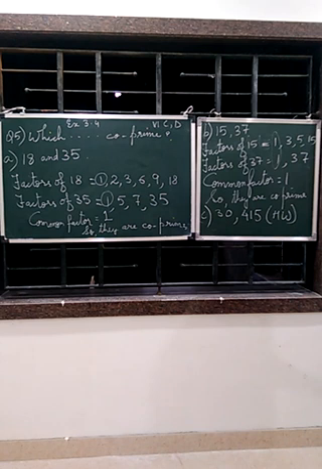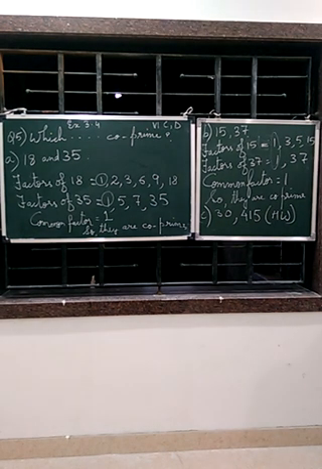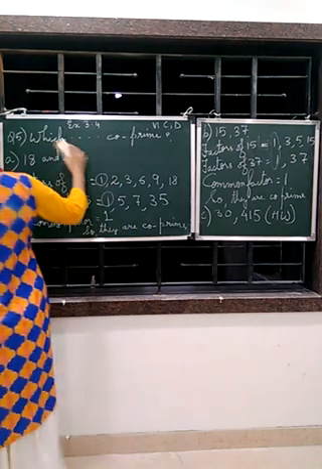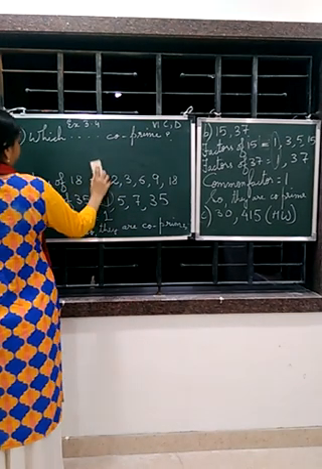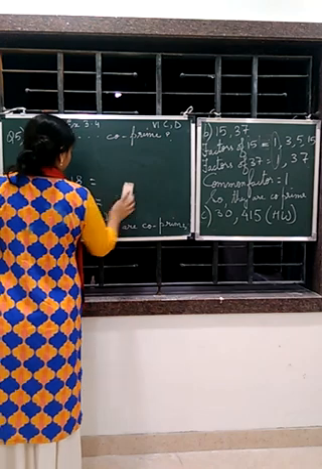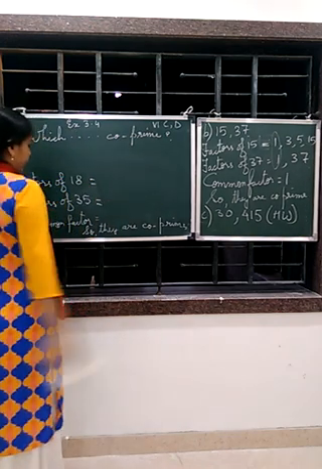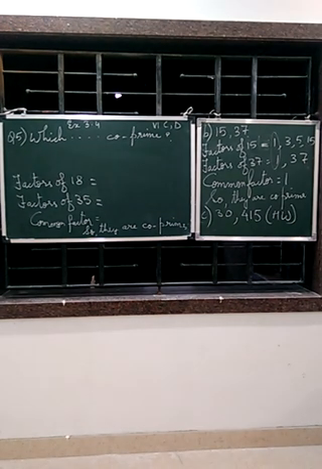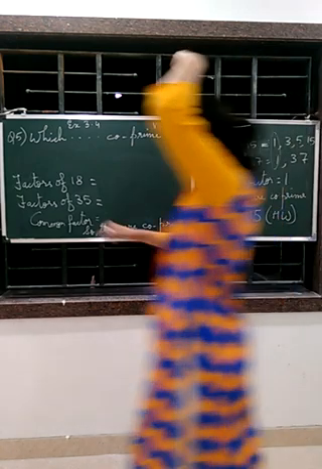Okay, so you will do it on your own. This is easy. Now we will start with D, 17 and 68.